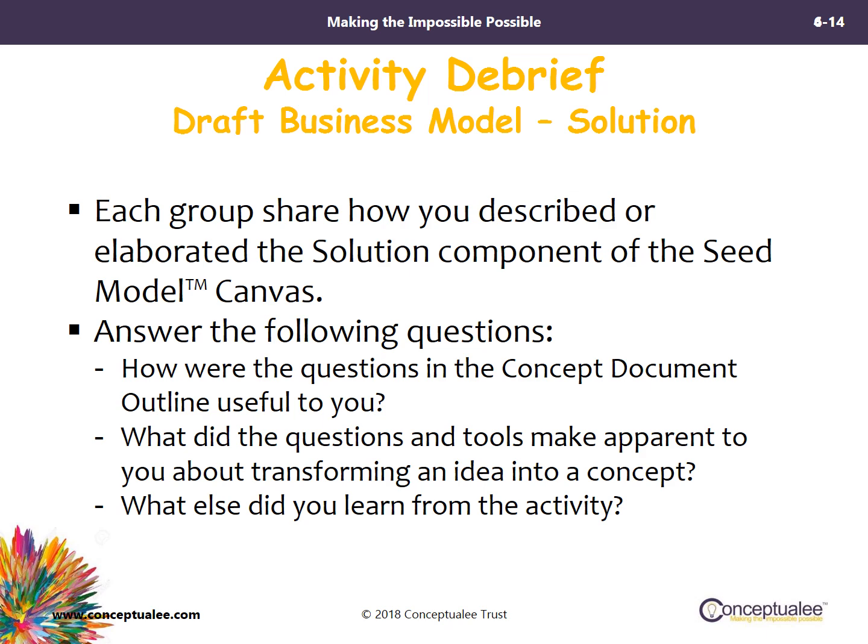This will help you create an action plan for further research and idea cultivation. When you understand the problem, are thinking about the solution, and have a good grasp of the stakeholders, then you can work backwards from the solution to figure out other things, like who the partners and channels are, how you're going to structure your revenue, and how you need to deal with other important components in the seed model.